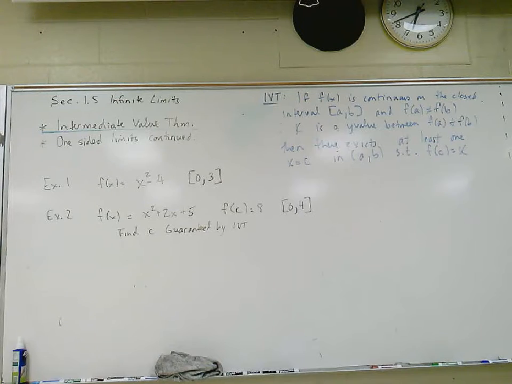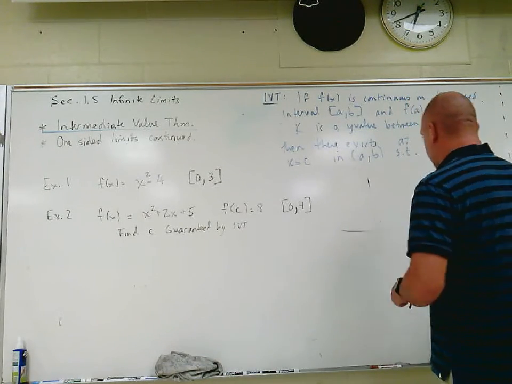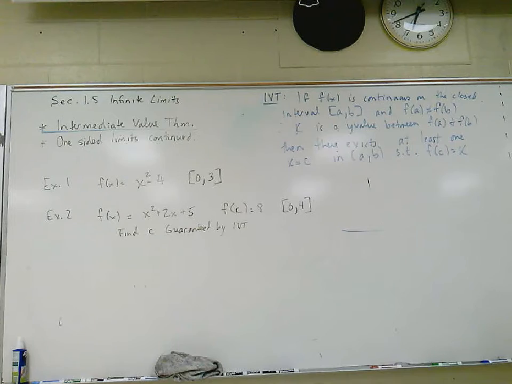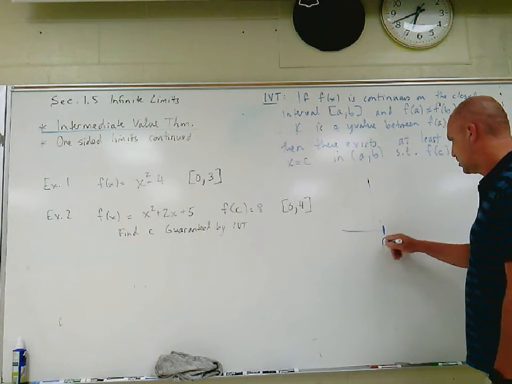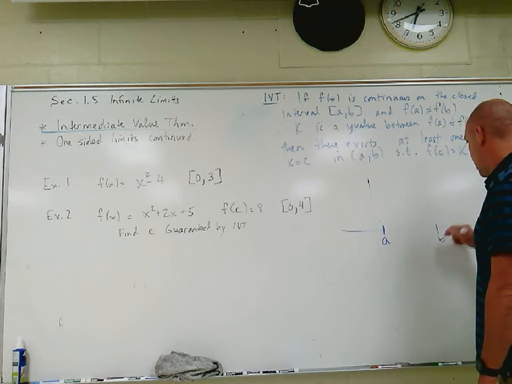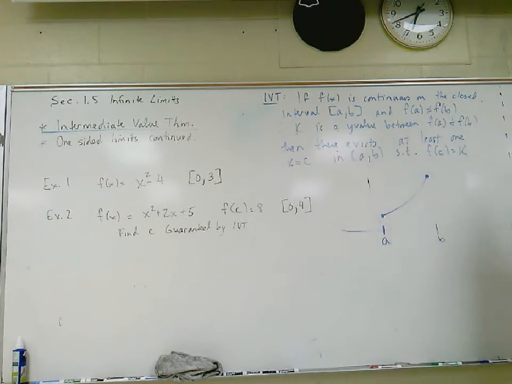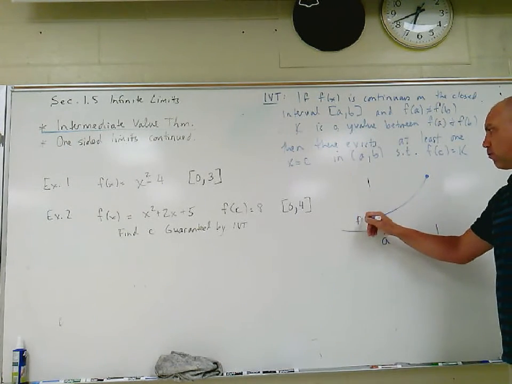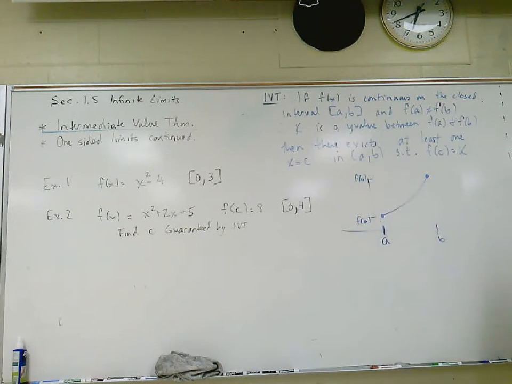It's easier for me when I draw things out in math to understand what they're asking. So, like I said, I like to call it the interstate problem. All this is saying is, let's say you've got your a and your b, and this is your graph here, and it's continuous like that. Notice that f of a and f of b are not at the same height.